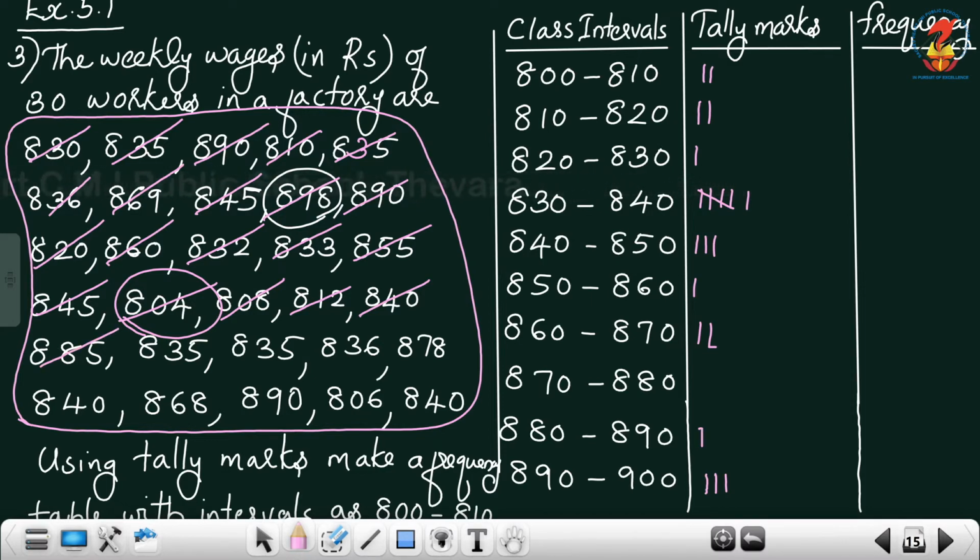885, 835, 835, 836, 878, 840. Where will you include 840? So we have two class intervals with 840. So the higher class interval.